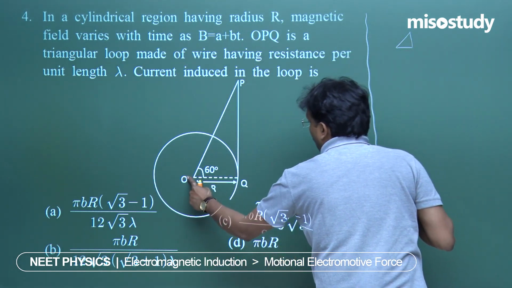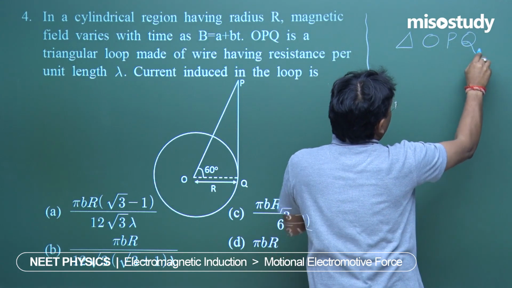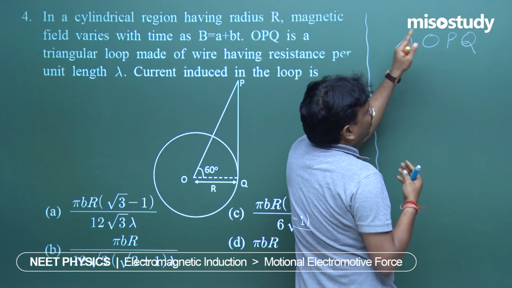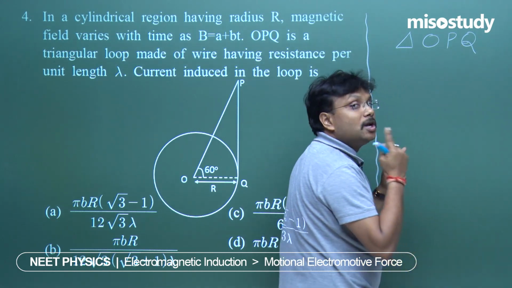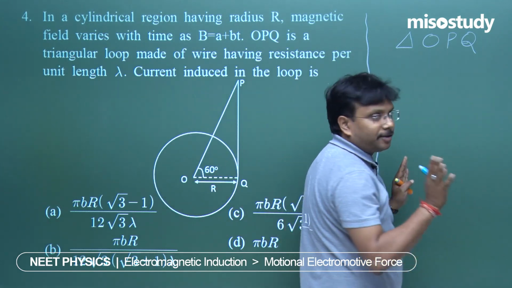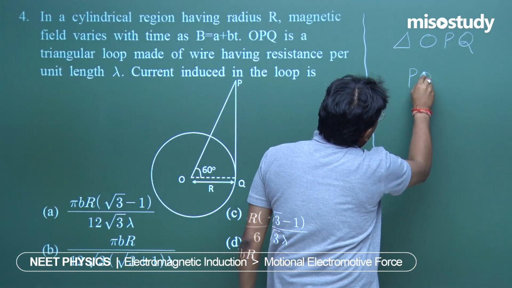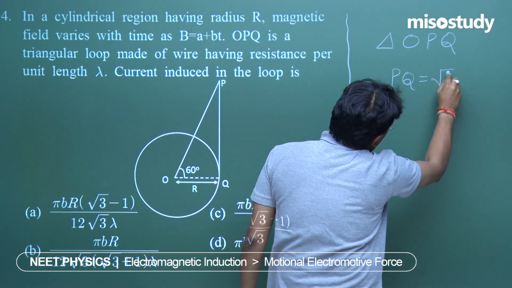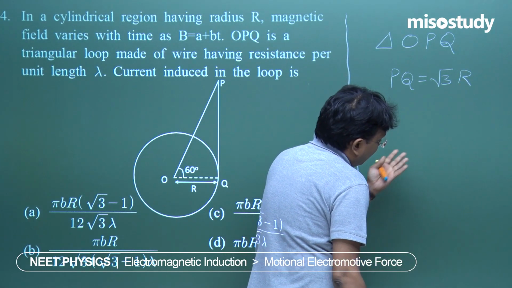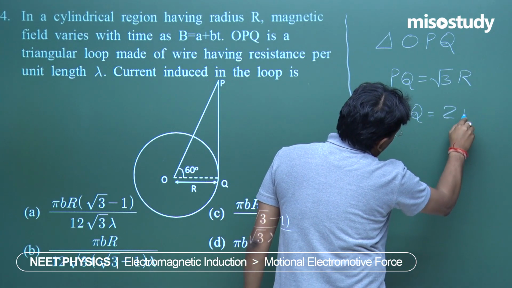Triangle OPQ. OPQ, I am writing over here. I am repeatedly saying about this explanation. You just have to listen and take a look over here. If required and diagram is visible, you can quickly take a look at the diagram also. Triangle OPQ, PQ is equal to root 3 R. This is something which is based upon the basic algebra, and OQ is equal to 2R.